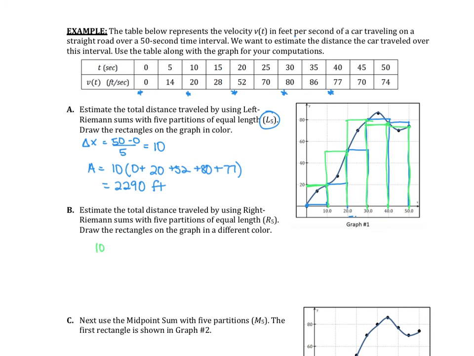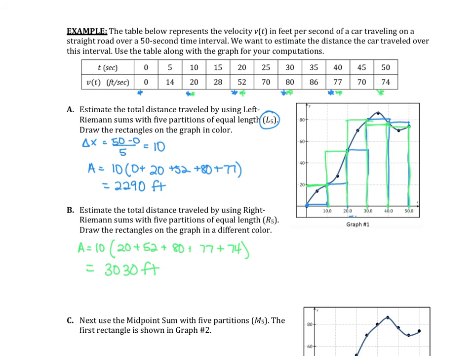The width of the rectangle is still 10. But this time the height of my first rectangle is 20, then 52, then 80, then 77, then 74. And so then this total area is 3,030 feet. How'd you do?